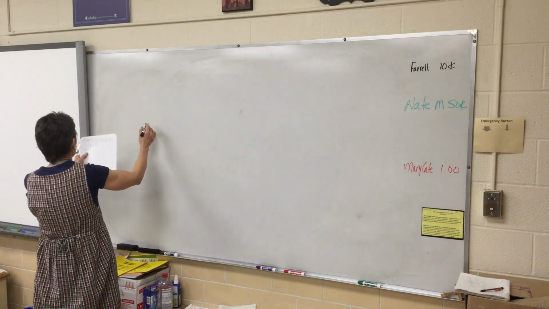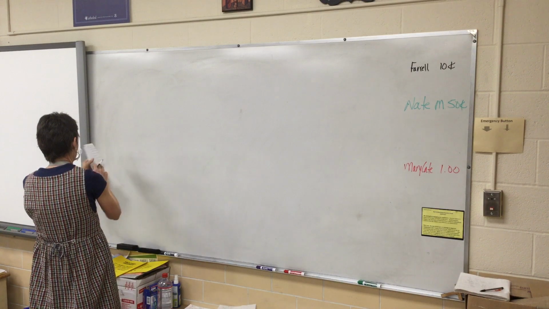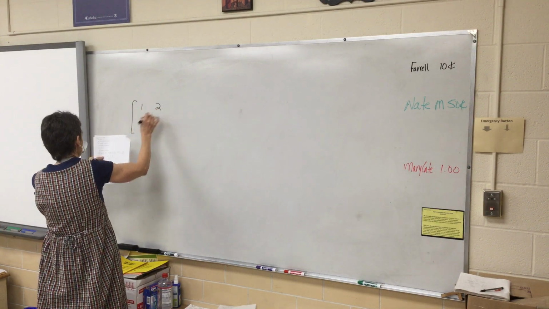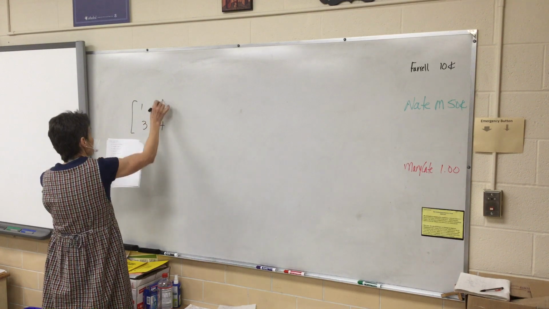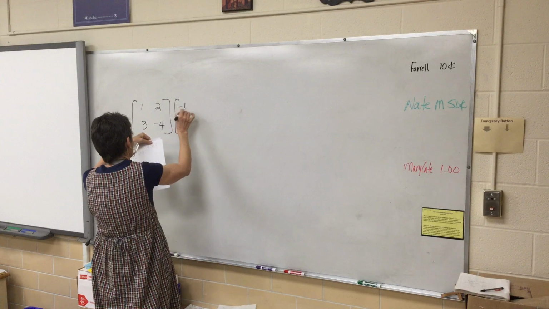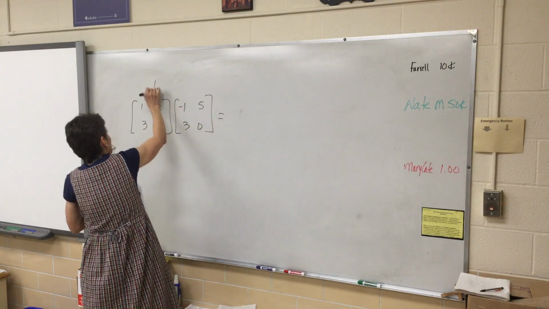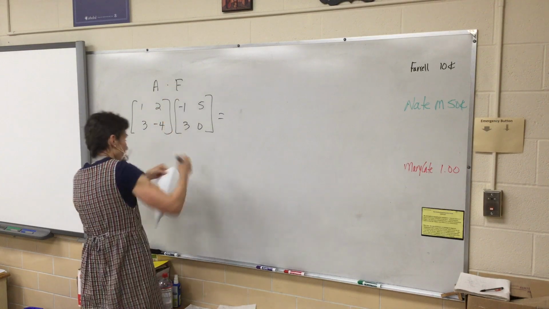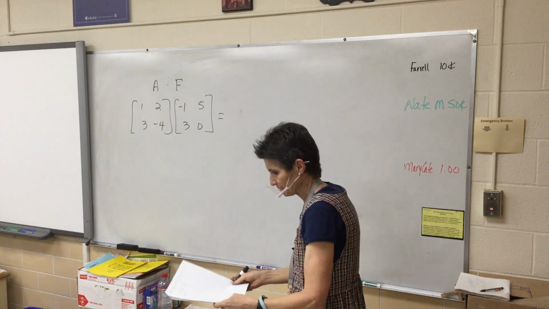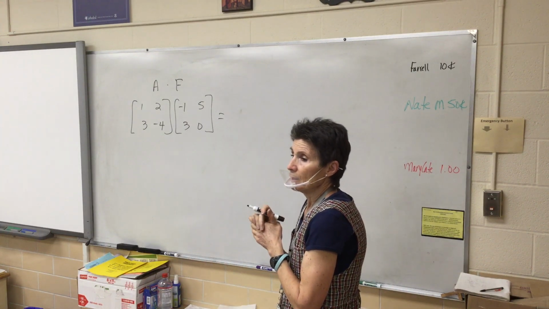We are going to multiply A, which is on the first page here. Here's A. And now we're going to take it times F. So this is A times F. That's what we're doing now.